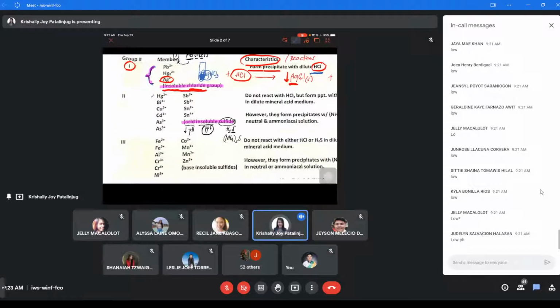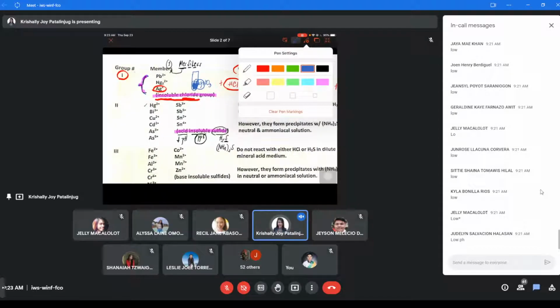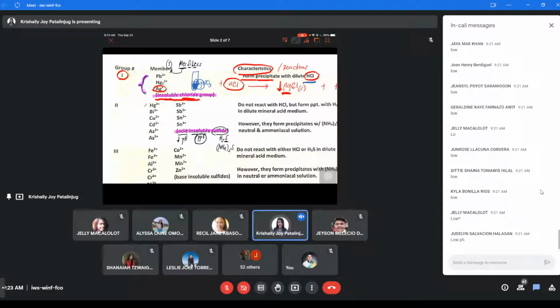So yung mnemonics ko naman for group 2 cations, medyo weird yung mga mnemonics ko ha, but it will help, no? Mnemonics sa mga medical students, that is our key for survival. Sige, so let's have group 2 cations.